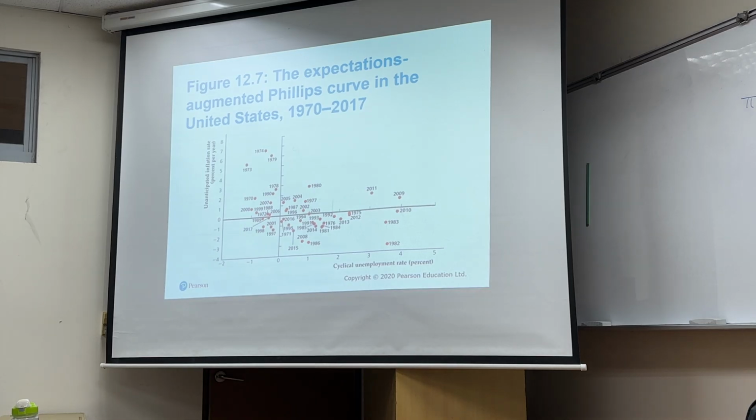In comparison with the original one we talked about, if you have expectations about what is going to happen to the Phillips curve, and you have some extra incentive to change your behavior, then the Phillips curve is more unstable. So from this chart, you cannot see any clear relationship there.